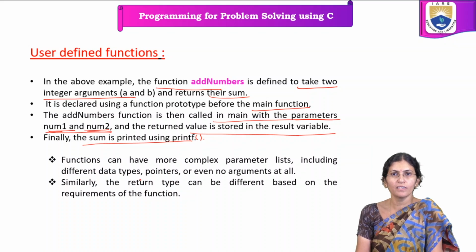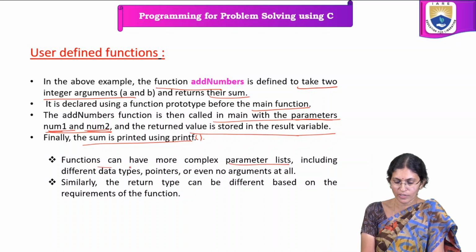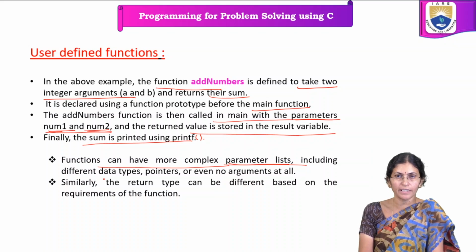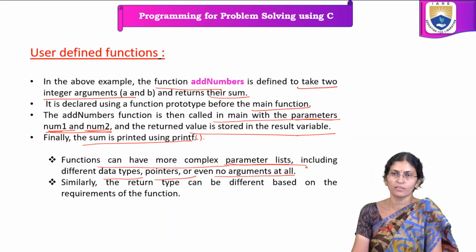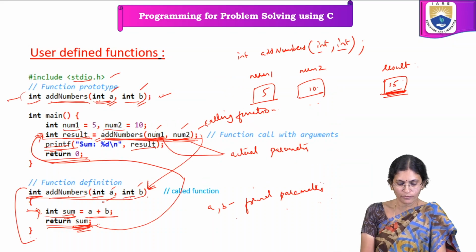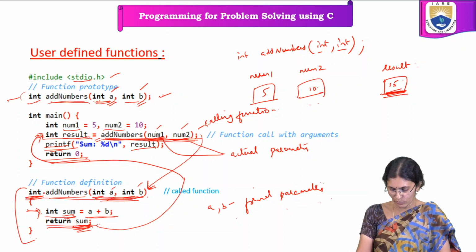Now, what are the different parameter lists which a function can take as input? Functions can have more complex parameter lists, including different data types, pointers, or even no arguments at all. A function can be defined without any parameters, and a function can have no return type also.